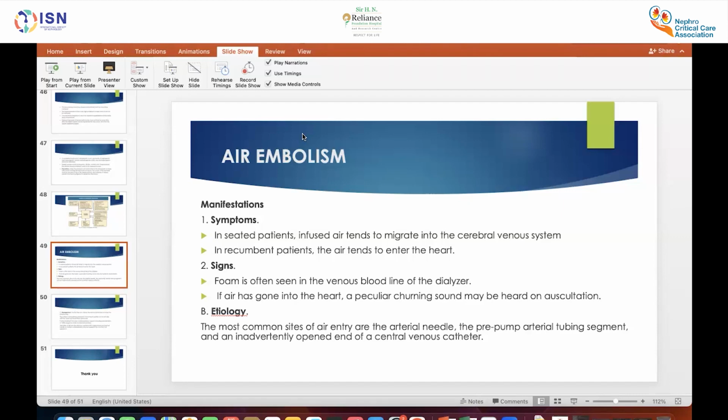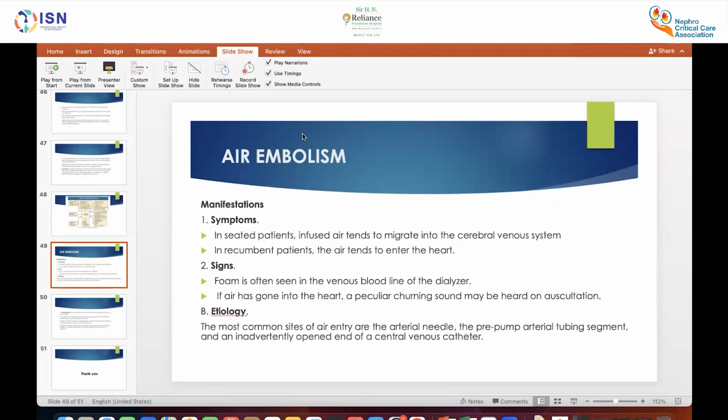But here, what good thing we have done nowadays in Reliance is that we are using collapsing chambers. There is no way you can put any needle inside to puncture it. So air can go inside if you have not clamped it properly and cause air embolism.